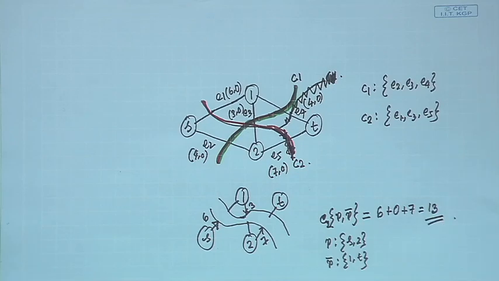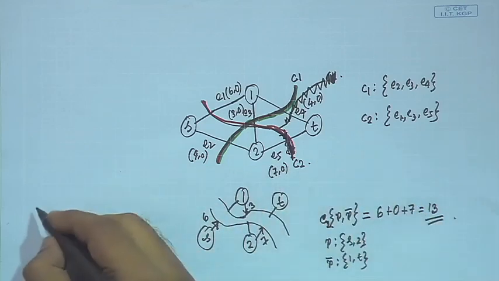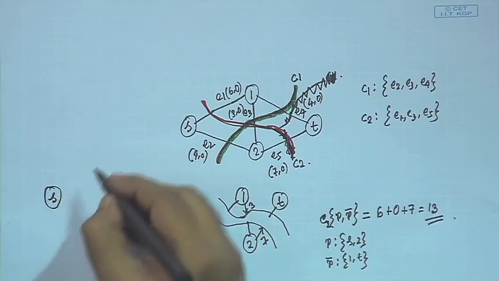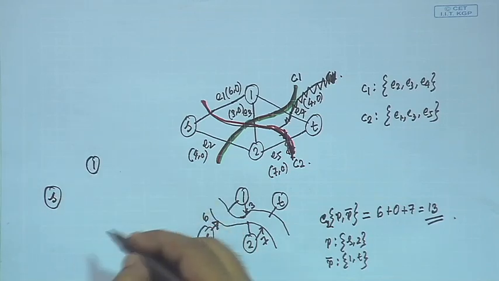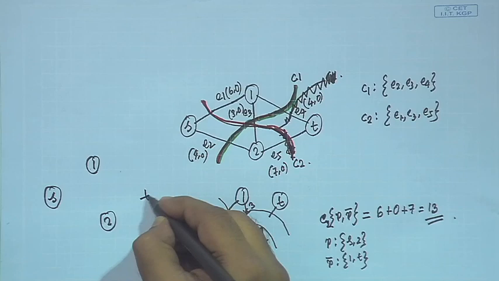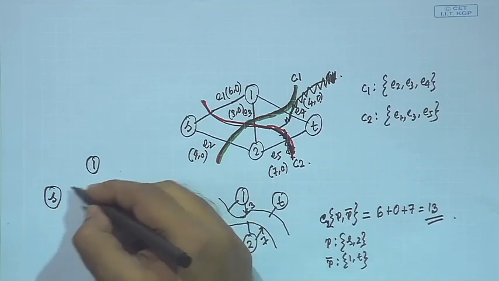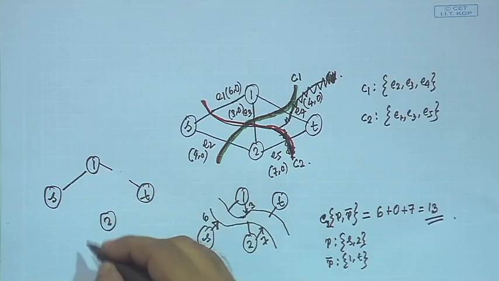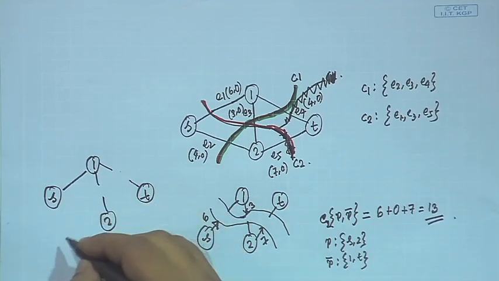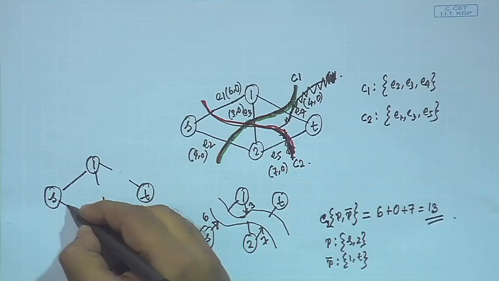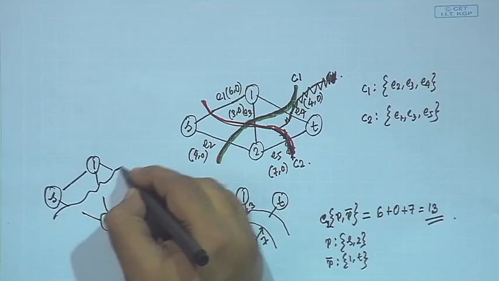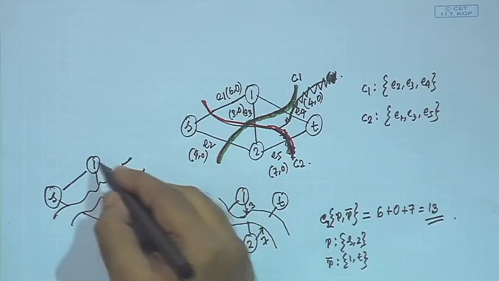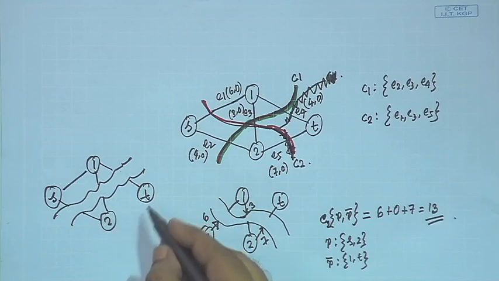On the other side, if you look at S1, then this is S1 and this is 2T. S to 1 there is no problem, 1 to T it is separated, 1 to 2 it is separated, and S to 2 it is also separated. So, this is the separation. You see S and 1 on one side, 2 and T on the other side.